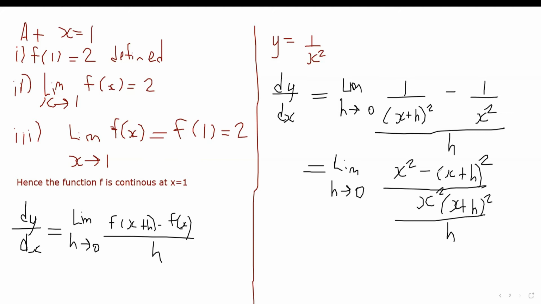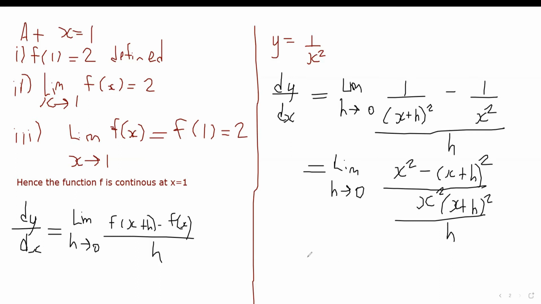Now look at this. If this is being divided by h, remember if you have a fraction a over b being divided by c, it is the same as a over b times c. So what am I trying to say? I'm saying that we can write all of this as one fraction.